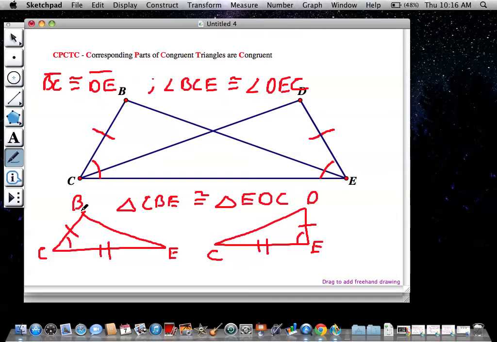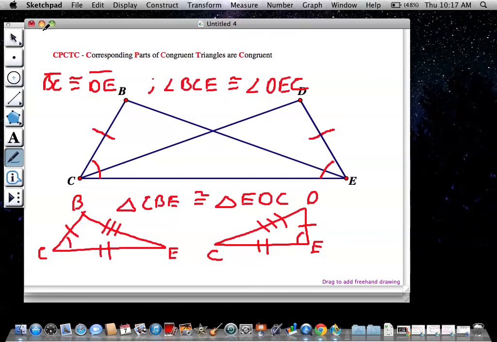Segment BE is congruent to segment DC, because corresponding parts of congruent triangles are congruent. Angle B is congruent to angle D, and angle E is congruent to angle C, for the same reason: corresponding parts of congruent triangles are congruent.